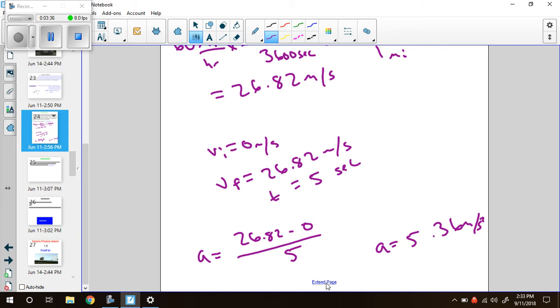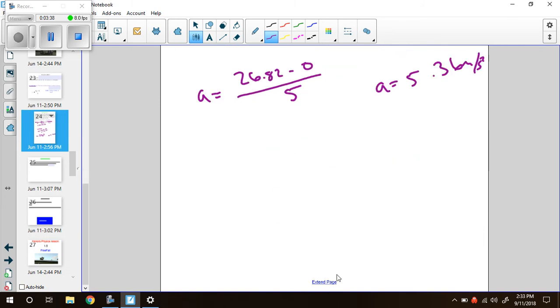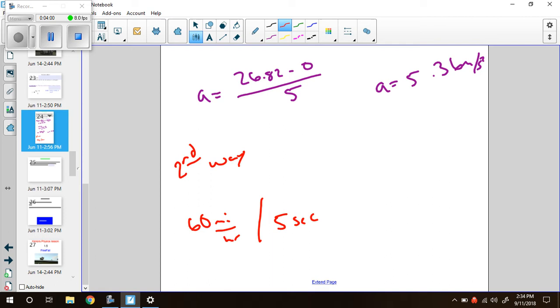The other way that you can do this, which may or may not be easier, there was a little bit of confusion here. Second way is you can go ahead and take that 60 miles per hour and divide that by how many seconds you have, and that would be 12.